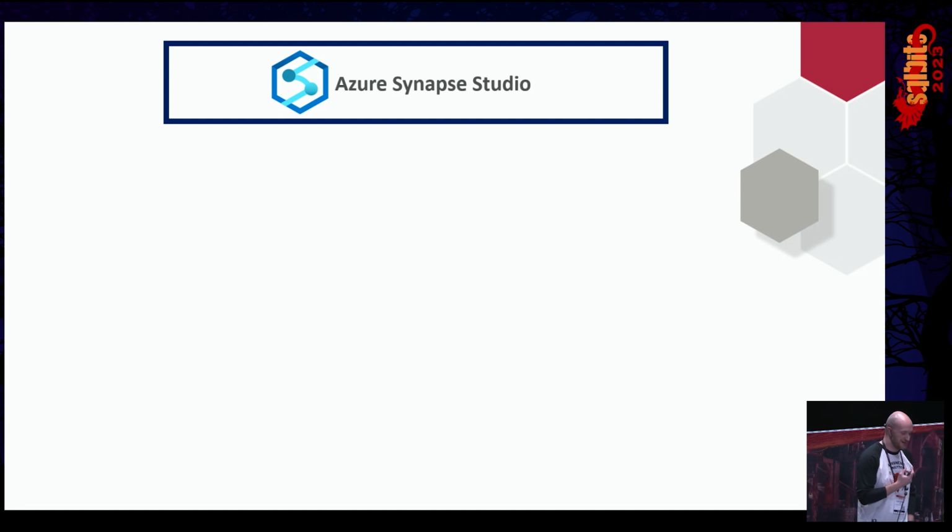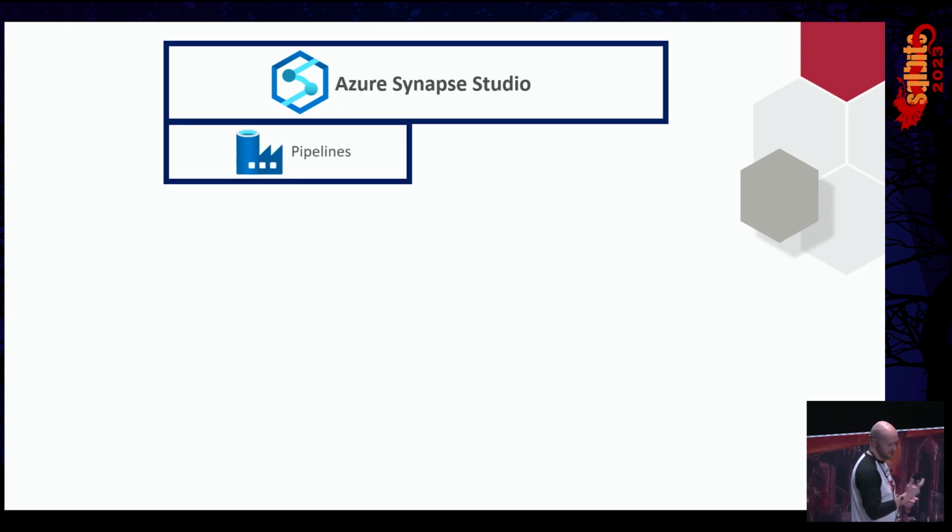Synapse is made up of many different components. It's not just one product on its own. We've got the Azure Synapse Studio, which is the main way you're interacting with these components. Underneath that, we've got the orchestration component, your integration pipelines, basically Data Factory. Technically it's Synapse integration pipelines, but it's Data Factory.